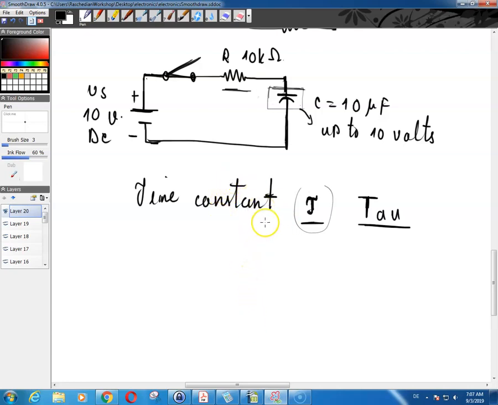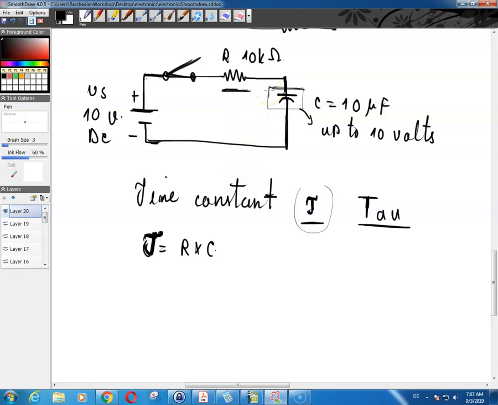Now, the formula for the time constant of this type of circuit is tau is equal to R times C. R is the resistor that you use in series with the capacitor, and C is the value of the capacitance of the capacitor itself.